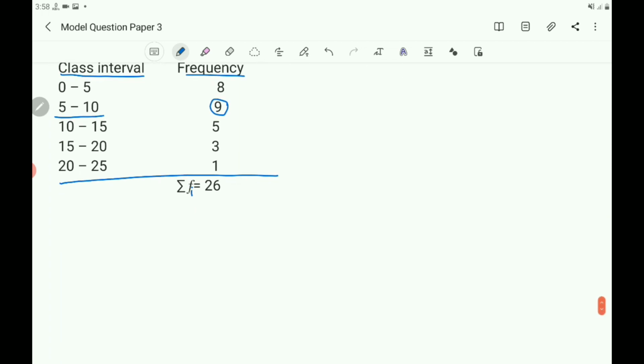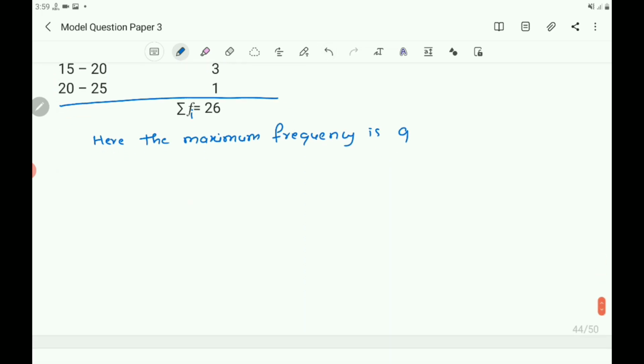So write here: the maximum frequency is 9. Therefore, it is the frequency of which class?